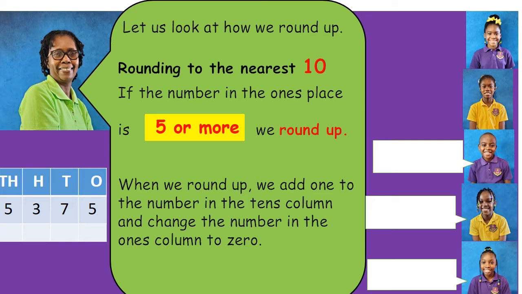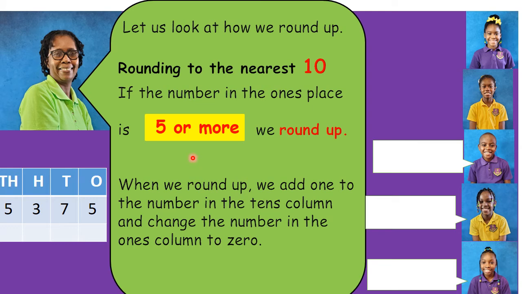Now let's look at how we round up. All right. So we are finding our tens column because we are still rounding off to the nearest 10. Now it says if the number in the ones place is 5 or more, we round up. So 5 or more, we raise the score. You remember that? So rounding up means we're going to raise the score.